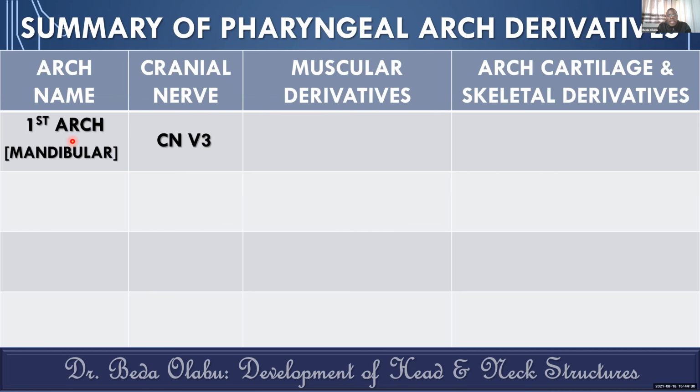But sensory supply to the derivatives of the first pharyngeal arch comes from both the maxillary as well as the mandibular division of the trigeminal nerve. The musculature which is derived from the first pharyngeal arch is primarily the muscles of mastication. I'm giving you 2 seconds to think through those muscles of mastication, if you do remember them.